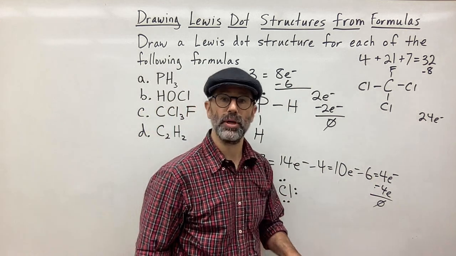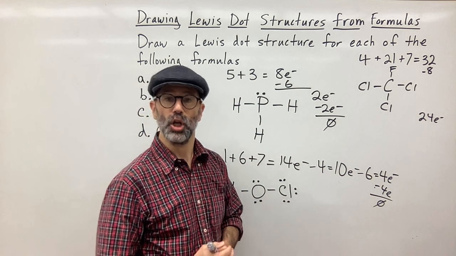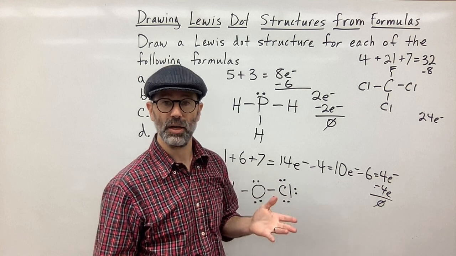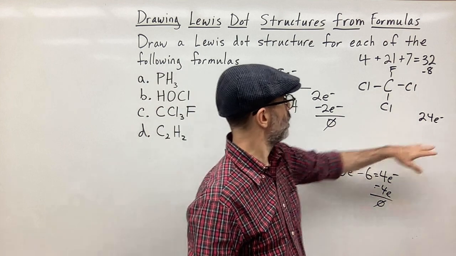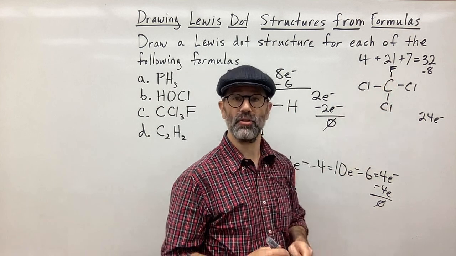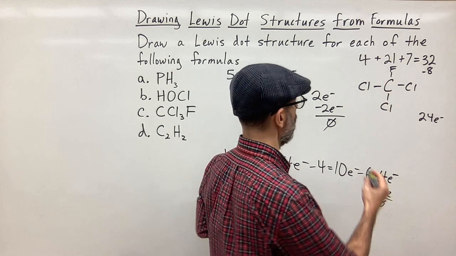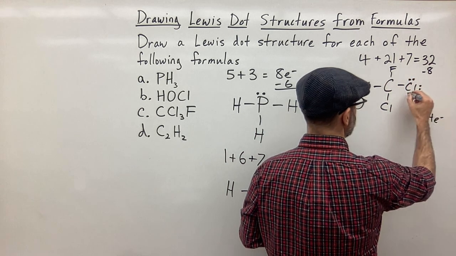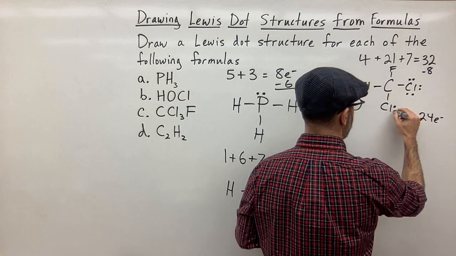All right, step 3. I need to put lone pairs on the outer atoms to give them an octet if they need it, with the electrons left over. So fluorine and the chlorines all need an octet, so I'm going to add lone pairs. 3 lone pairs to each of my outer atoms.